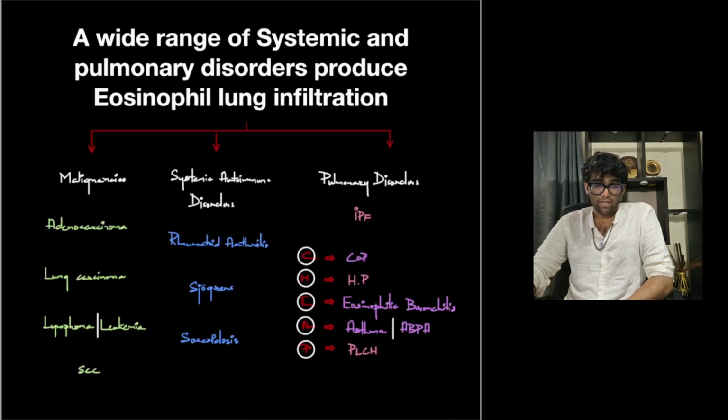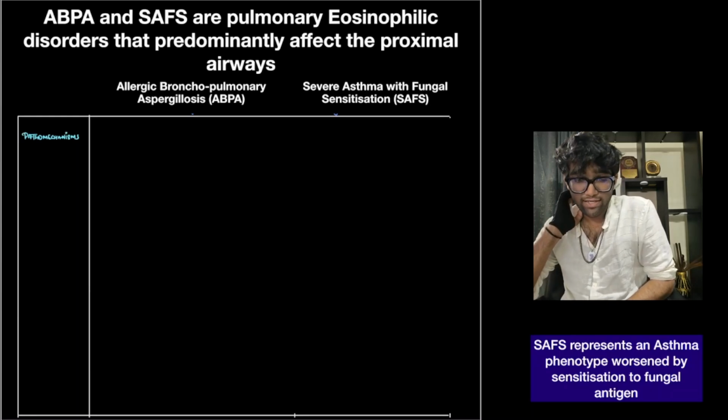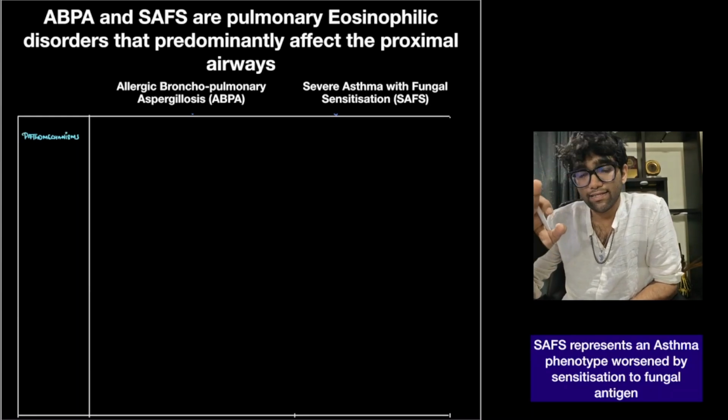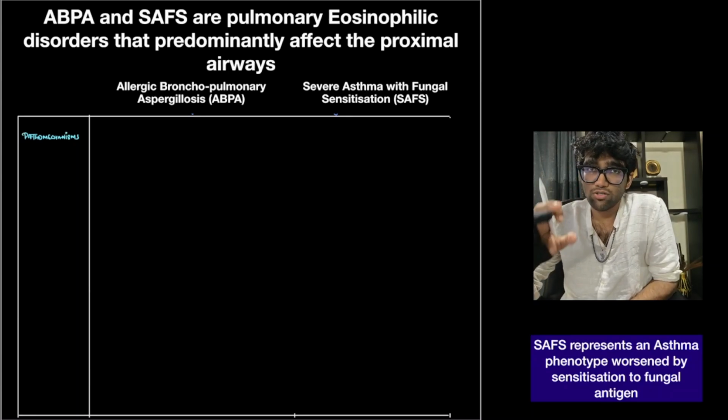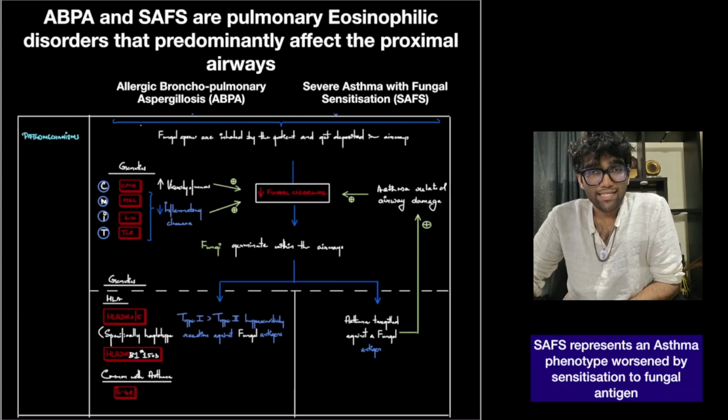Okay. Now, I'll cover these here because otherwise there's a lack of continuity. Allergic bronchopulmonary aspergillosis and severe asthma with fungal sensitization are not technically disorders that cause chronic focal or multifocal consolidation and chronic dyspnea. However, they are eosinophilic lung disorders.